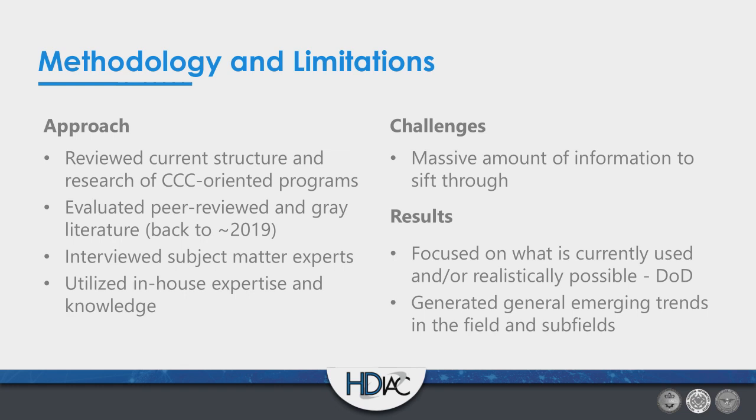This is all publicly available information, Distro A. I'm aware of the fact that there are other research efforts happening, but we kept this all in the public domain. We interviewed subject matter experts in academia, industry, and the government doing relevant work in the field. And then we also utilized some in-house expertise and knowledge.